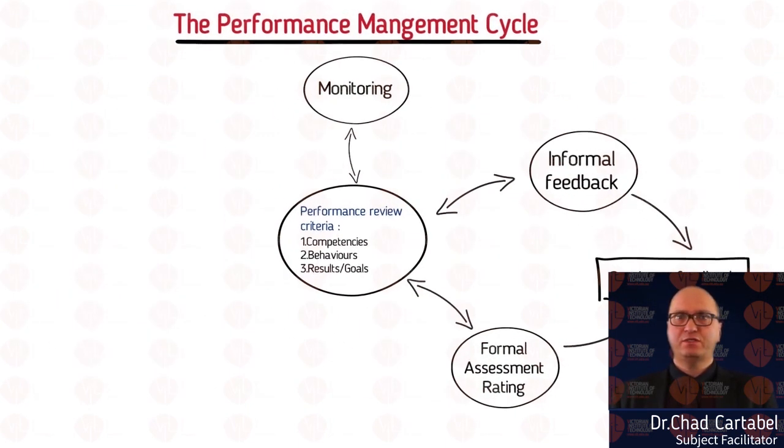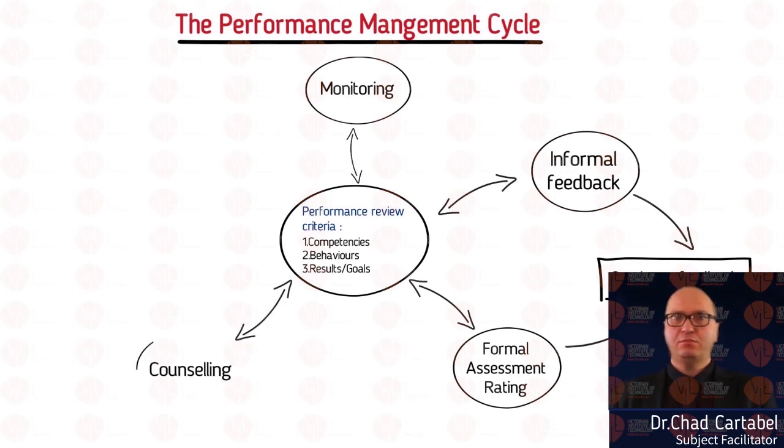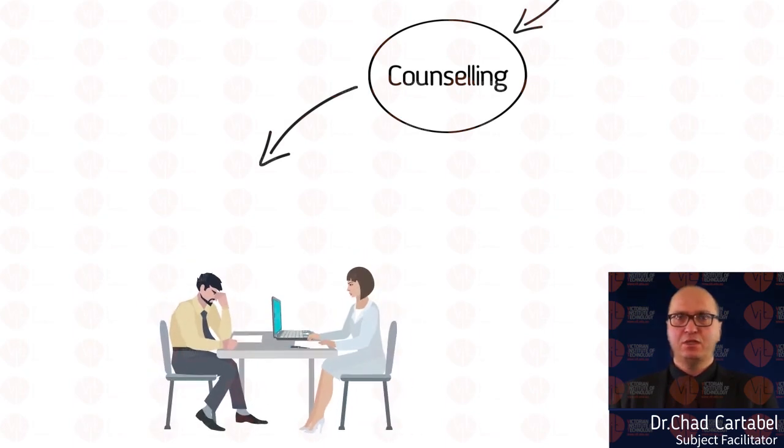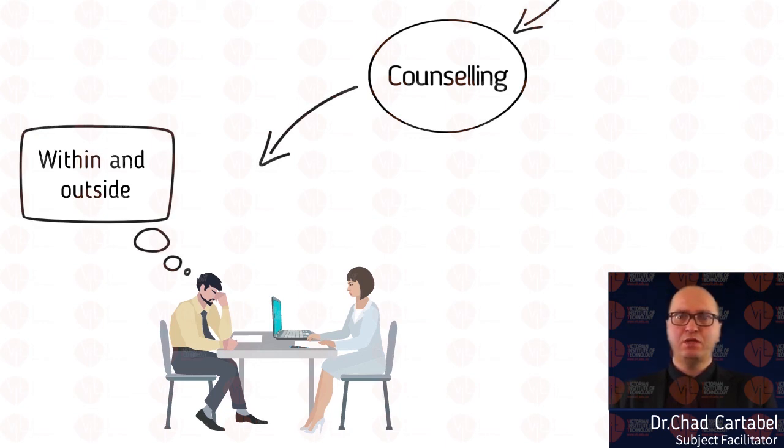As I said previously, counseling is an important aspect of performance review, because the intention is not only to provide accurate, reliable measures, but also to assist the employee in dealing with issues that can affect their performance. Sometimes it's within the control of the employee, and sometimes it's outside the control of that employee, variables that affect the performance.